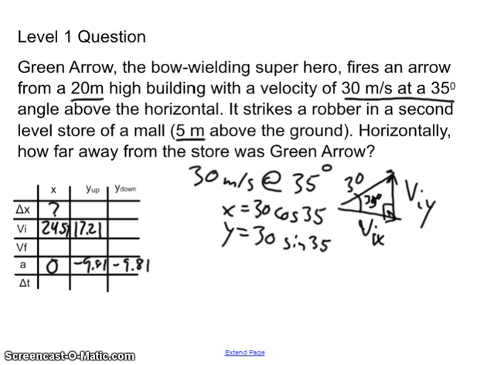Now, since we know that it does achieve its trip up to its maximum height and then comes back down, we can give it the borderline between our up path and our down path, and that is that it hits the maximum height. At the maximum height, we have stopped going up, which means our final velocity in the up direction is 0.